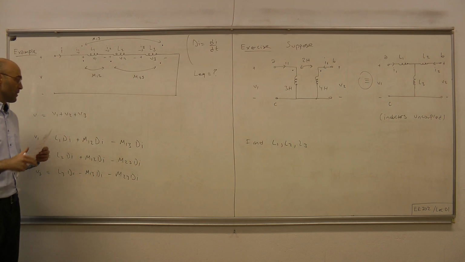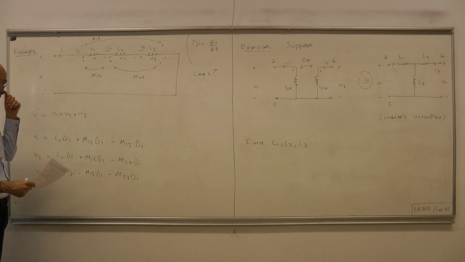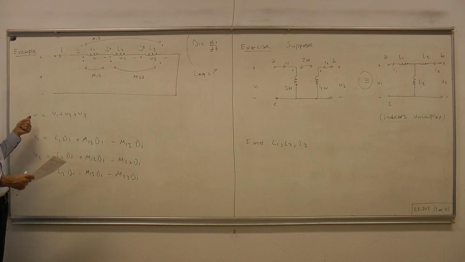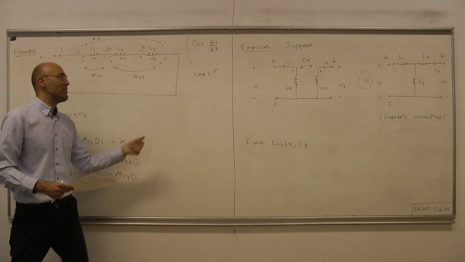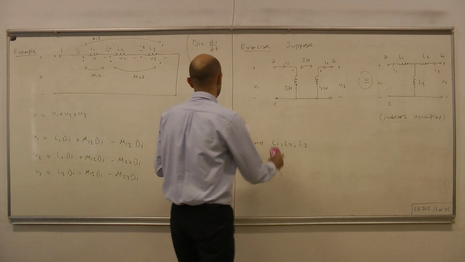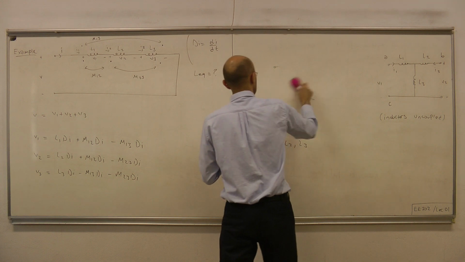Then once those terminal equations are written down in terms of I, all we have to do is just sum them up and collect the terms, and what we will have is V equals something times di, and that something is the effective inductance. So let's finish the example by writing down the answer.